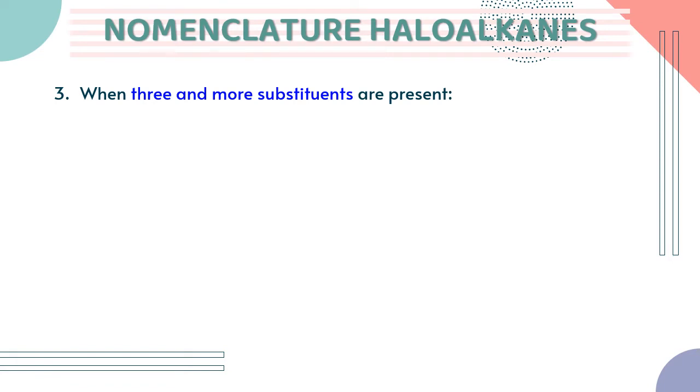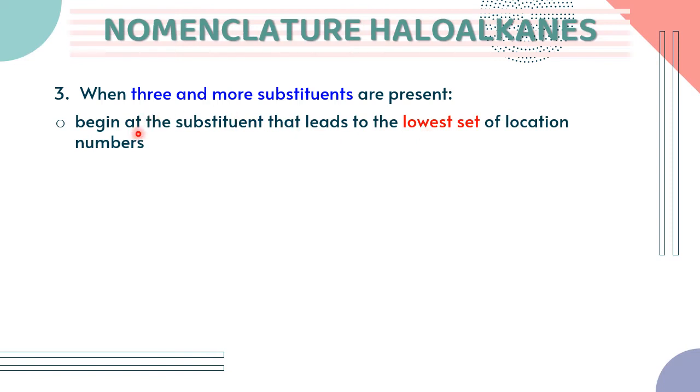Next, when we have 3 or more substituents present, what shall we do? You begin at the substituent that leads to the lowest set of location numbers. Regardless of the alphabetical order, if you have 3 or more substituents, we choose the lowest combination number. For example, we have this structure.